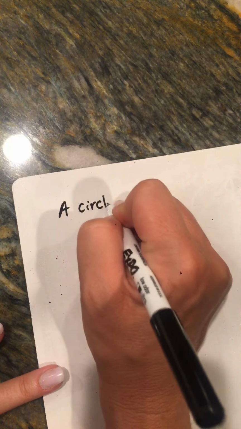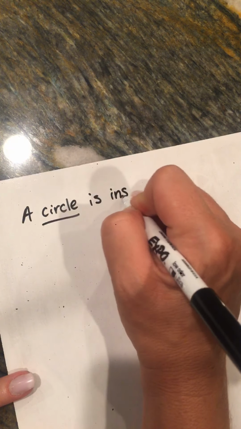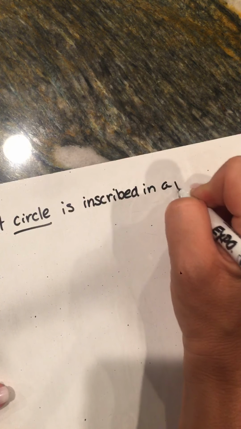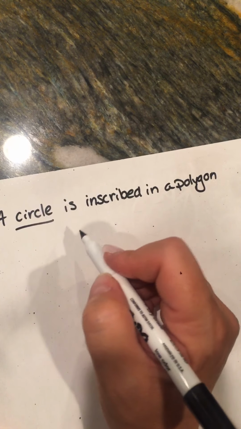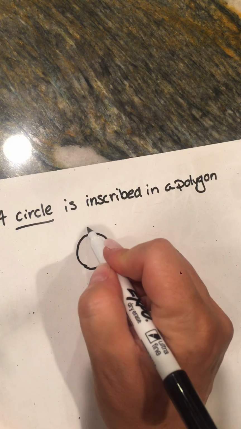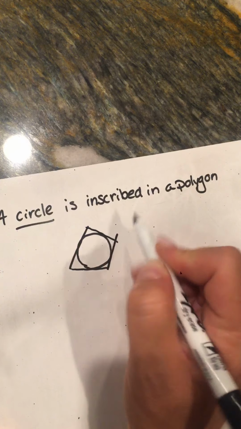All right, so let's go the other direction, and let's say that the circle is inscribed. A circle, subject noun is circle, is inscribed in a polygon. All right, so we have a polygon, and then the circle is inscribed. I'm going to do the circle first because they're always the hardest to draw. And then draw your polygon, whatever type of polygon you want. I'm going to do a quadrilateral again.